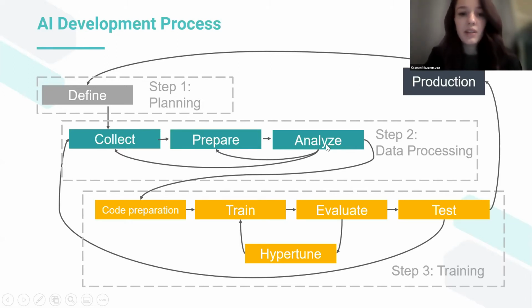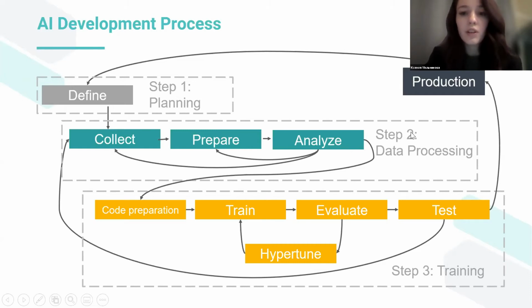After that, we are in an iteration process. We can go back one step to find some more trash and delete it, for example, or we can analyze it and understand that we need to collect more data, and then we can go back. So you see there are many iterations on this step and many versions of data on this step.